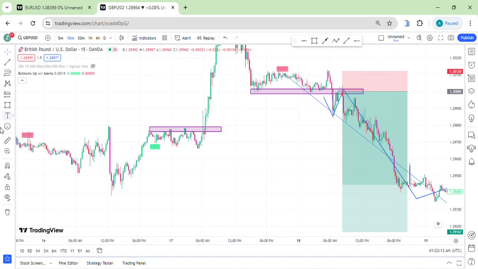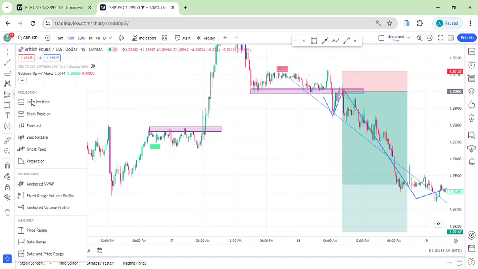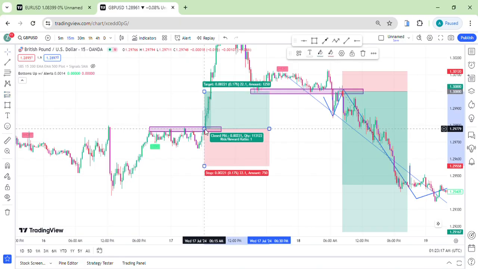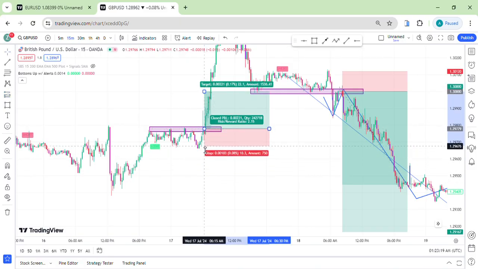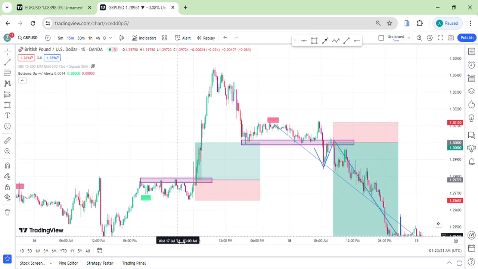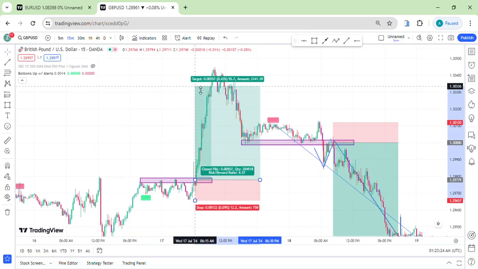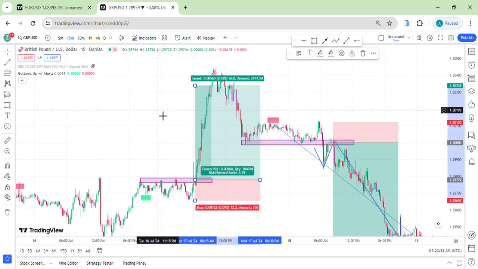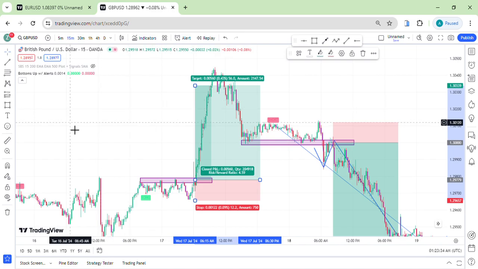So you can just go for buy here. Stop loss here below, then go for buy. So that's how the strategy works. You apply your own technical analysis to it and make profit off the market.